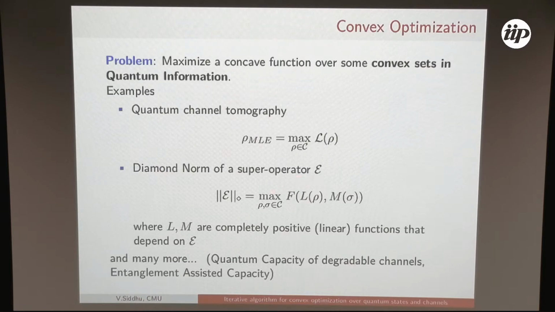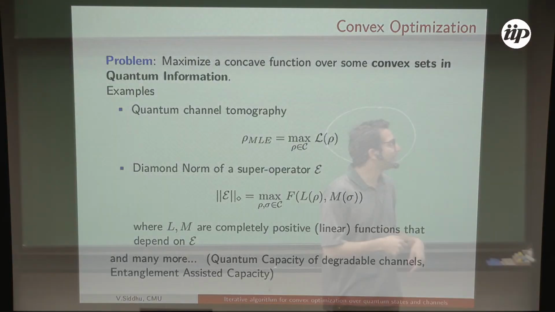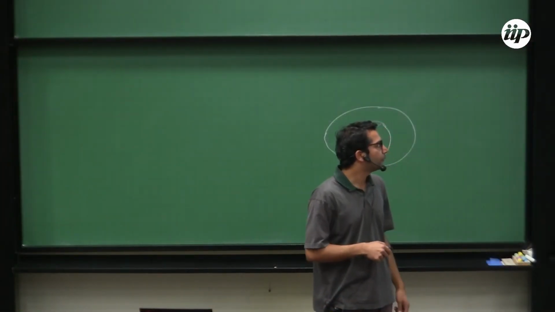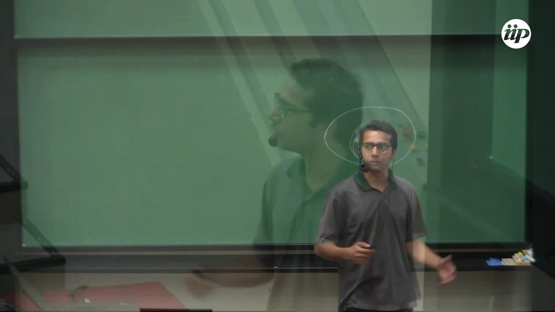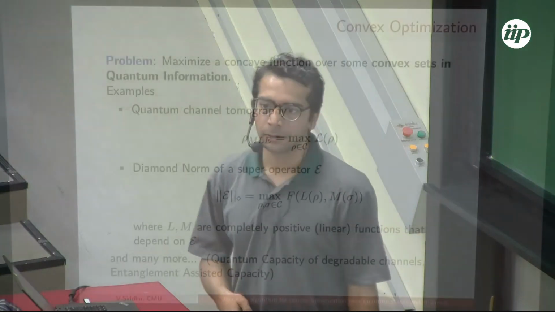Actually, I have not found use for diamond norm operator stuff in my own work, so I didn't bother to check this. But one day I'll get to it, I guess. It's something that I wanted to do, to compare the SDP version to this optimization version and see how well they perform.